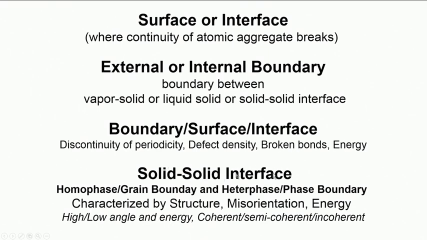Now, talking about the solid-solid interfaces, which are very important for defining all the properties of solids that we see, they can be of two types: either the so-called homophase or grain boundary, or heterophase or phase boundary. If the entities across a particular boundary have the same crystal structure and same composition, only differing in orientation, then we simply call it a grain boundary or homophase boundary.